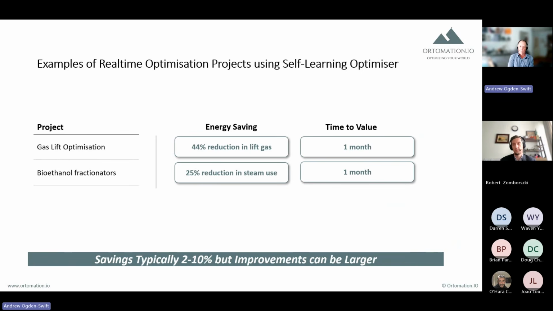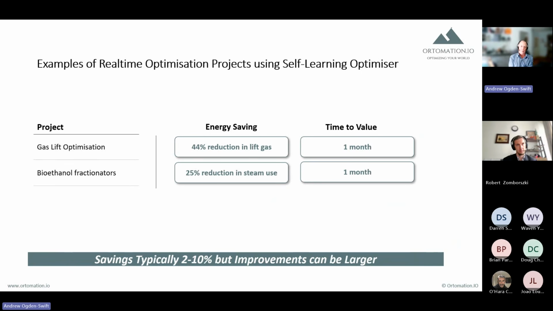If we look at real-time optimization, we'll talk more about this later in the presentation, but there's a new class of optimizer that Automation has introduced, referred to as a self-learning optimizer, which doesn't require a model. And you can see two trials that have been completed, one on oil and gas production where a 44% reduction in gas lift was achieved, and the time to achieve that was roughly a month.